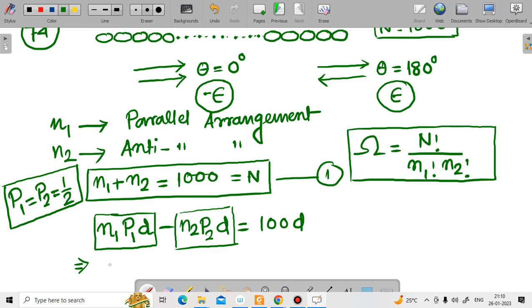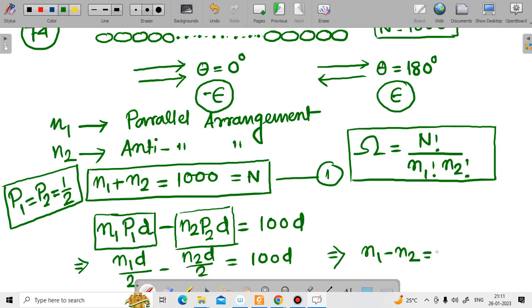Okay, since p1 and p2 both are half, n1 d by 2 minus n2 d by 2 should be 100d. So from here we get n1 minus n2 is simply 200.